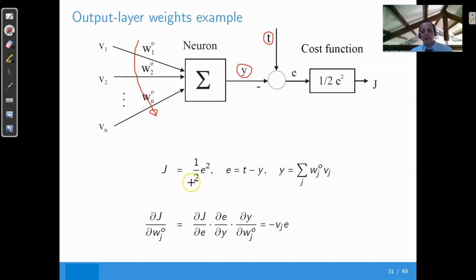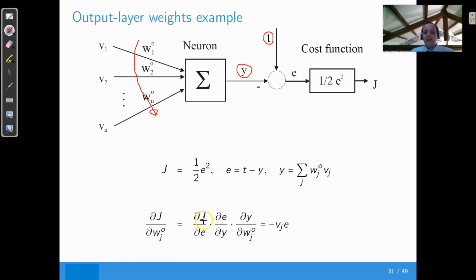The cost function has this form, where e is equal to t minus y, and y is the summation of everything. In order to find the link between the cost function and the error, you need to compute the first derivative of g with respect to w, but g depends on a, so it's a function of a function.